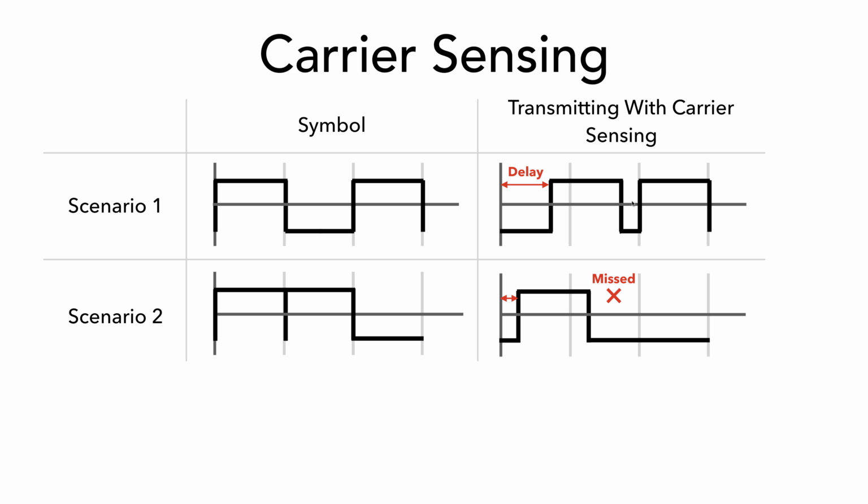It still works out. You're still able to transmit the two symbols, but now this looks a lot different. We were expecting a 1, a -1, and a 1, but at the receiving end, it looks more like a -1, a 1, and a 1. So all of a sudden the symbol looks a lot different than expected.